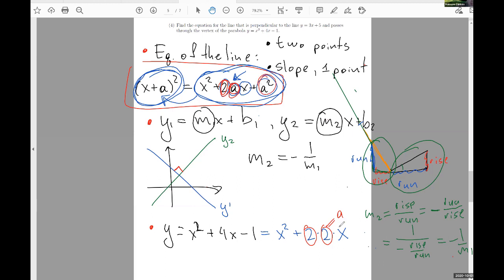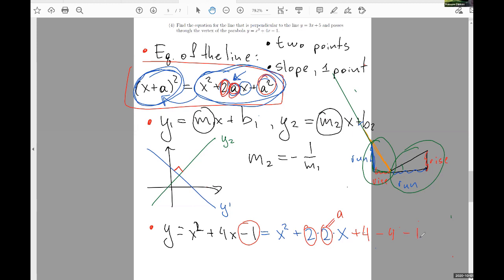Since a is equal to 2, a squared is 4. So to get a squared, I need to add 4 and subtract 4. Let me do this in a row. Because 0 is equal to 4 minus 4. But I also have this number -1.